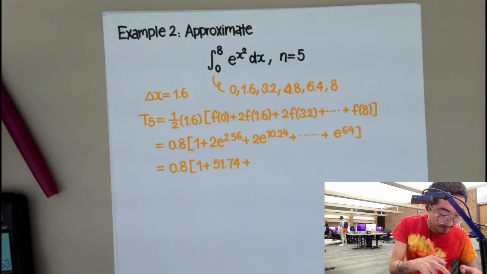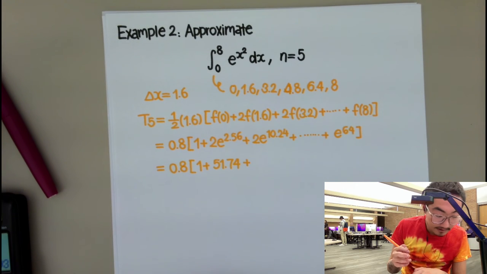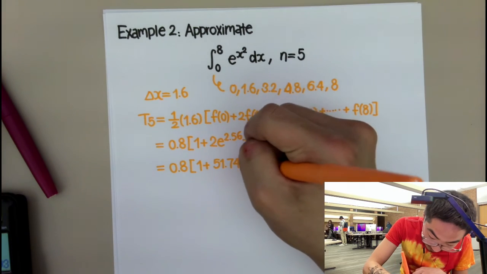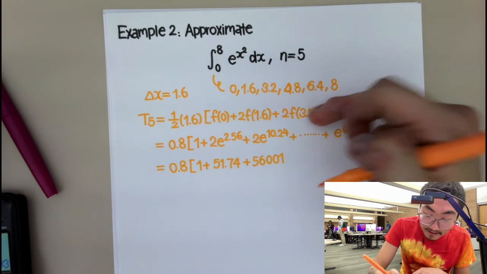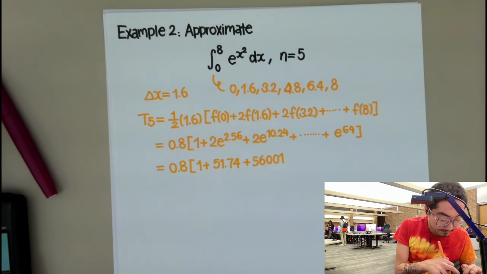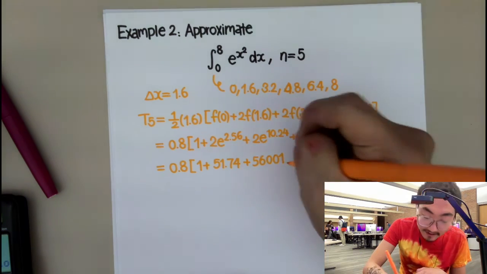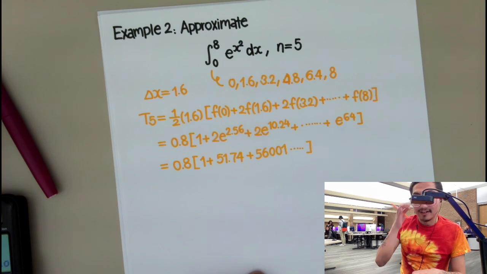We have e to the 10.24, which is 28,000-something. Wow, this is big. And then we have 4.8 squared, which is 23.04, so e to the 23.04. That's a huge number.